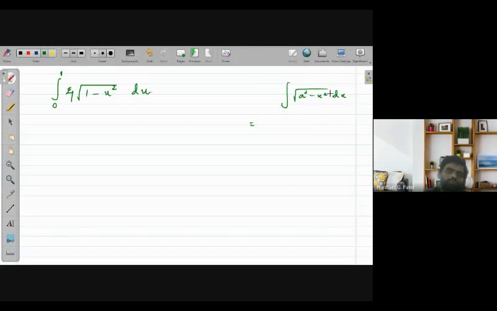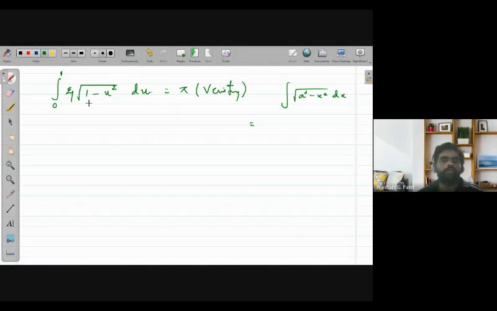If anyone knows how to integrate this? I think you studied this in your 12th standard, those who had the science subject. So I'm not going to discuss that here. You can verify that this value is equal to pi. This you can verify by yourself.